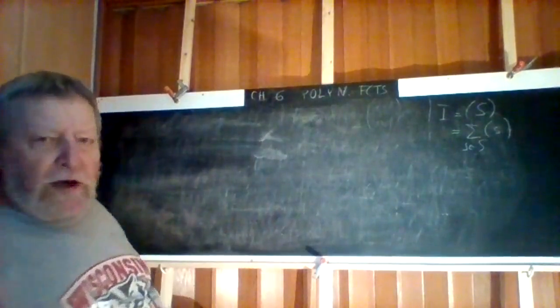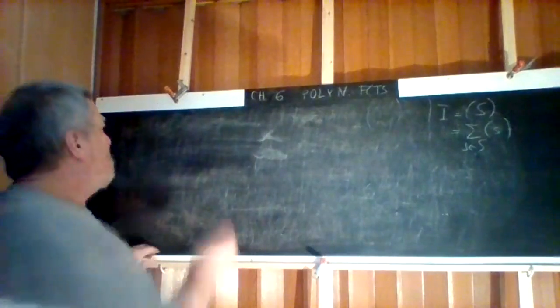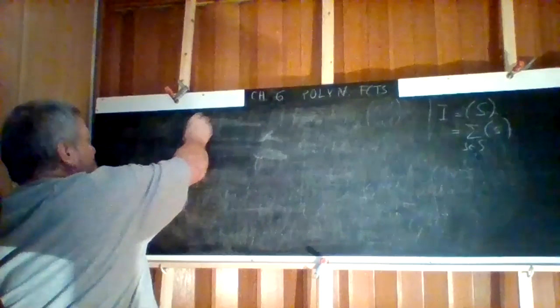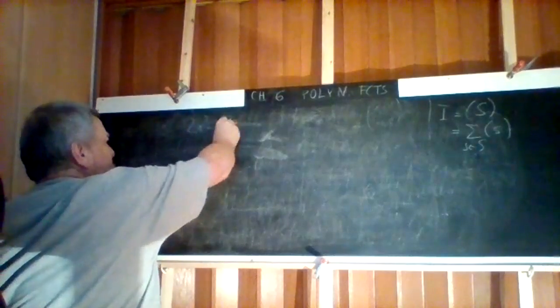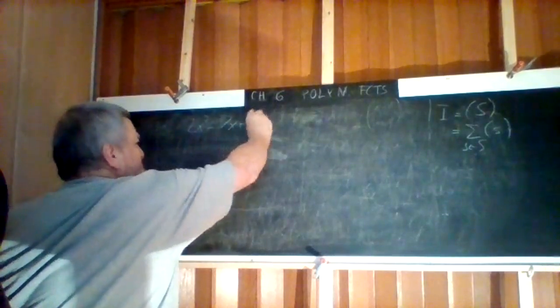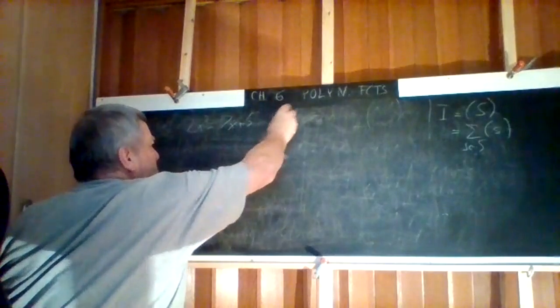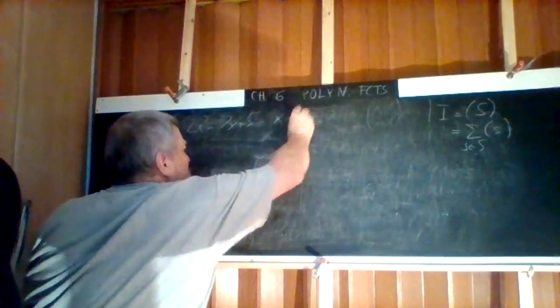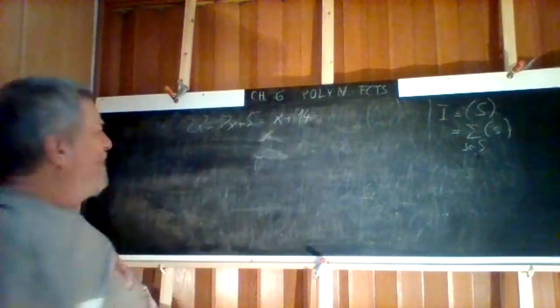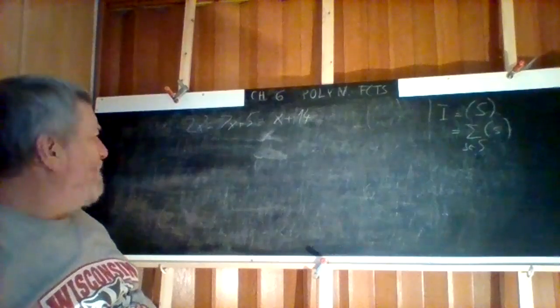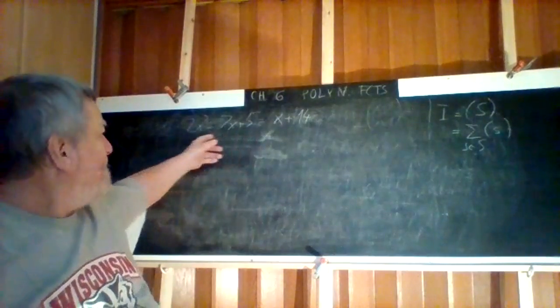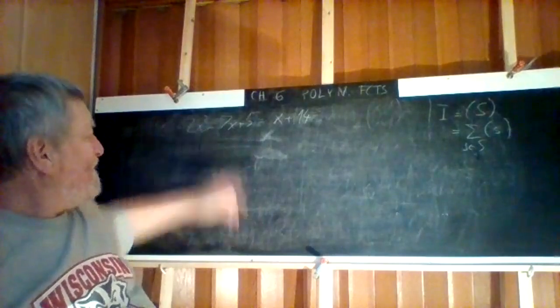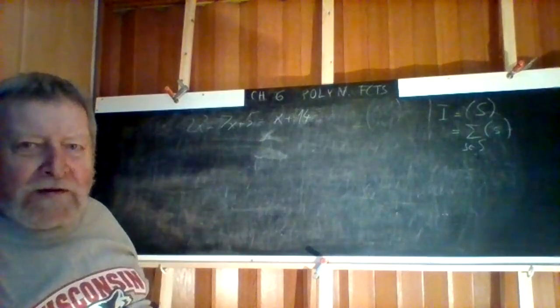So if I write down an equation like in high school, say 2x squared minus 7x plus 5 is equal to x plus 14, we might ask, what does this mean? What is x? And we run again into the same problem.